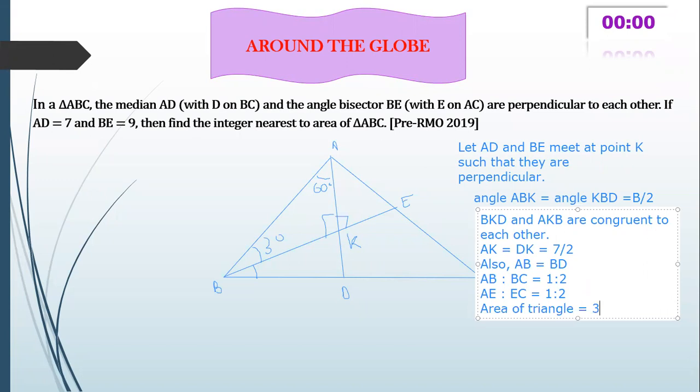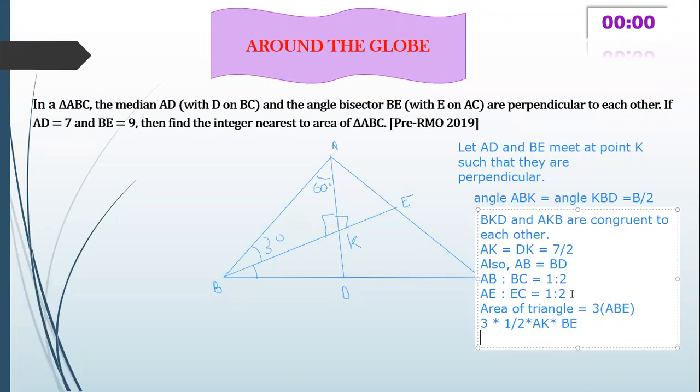So from this, the area of the triangle is equal to 3 times the area of triangle ABE. And you know how to find the area of the triangle ABE: 3 times 1 by 2 times AF times BE.